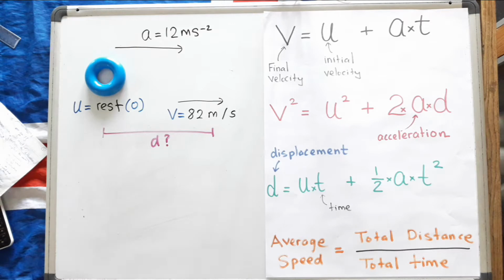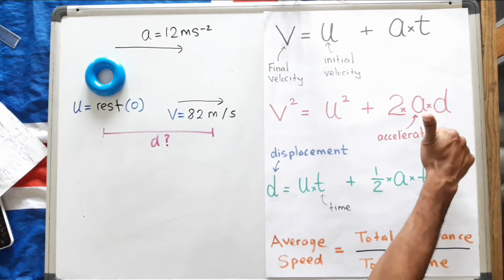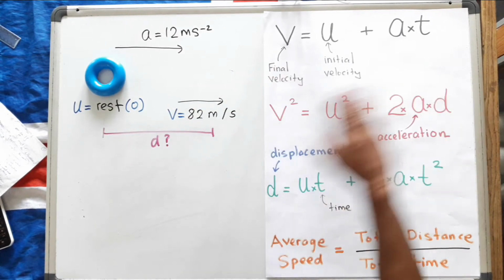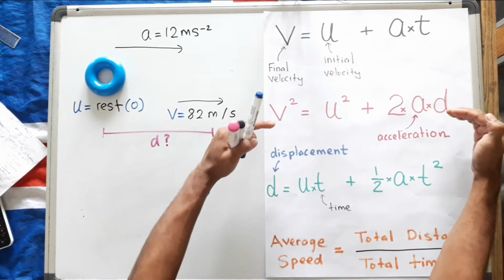All right. So first things first, if we are trying to find the distance, we need to choose a formula with a D in it. The green one has a D, so he's a potential candidate. The red one has a D, potential candidate. The black one, no D, so he is not a potential candidate. So it's between the red and the green.